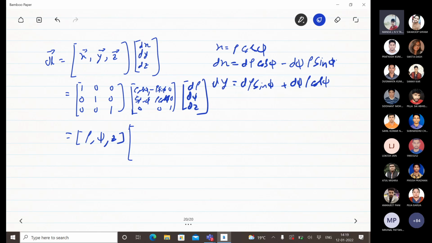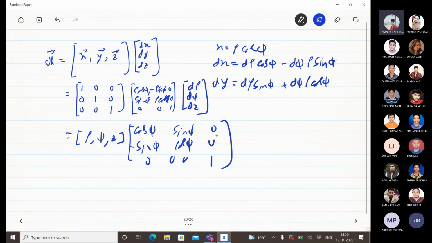So the transpose of the rotation matrix is cos phi, sin phi, 0, then minus sin phi, cos phi, 0, then 0, 0, 1.